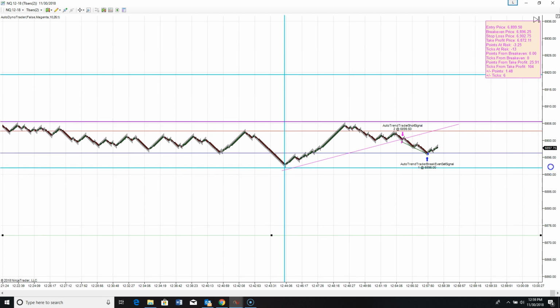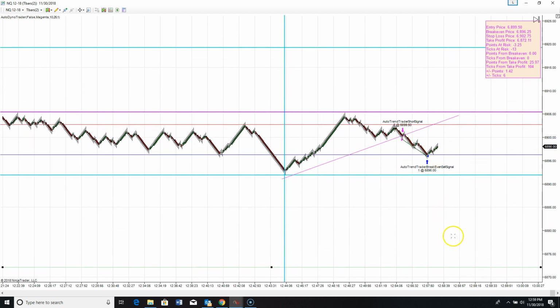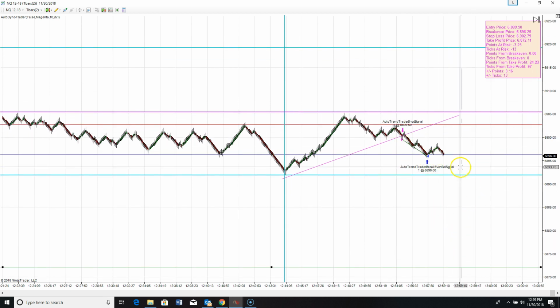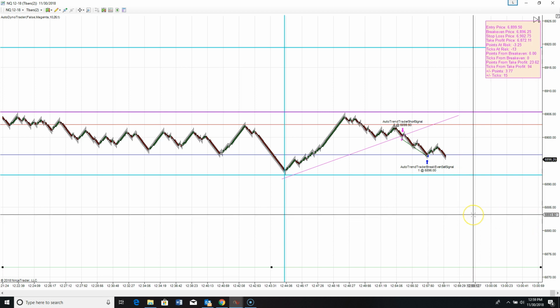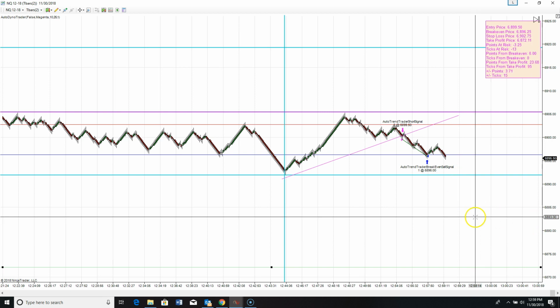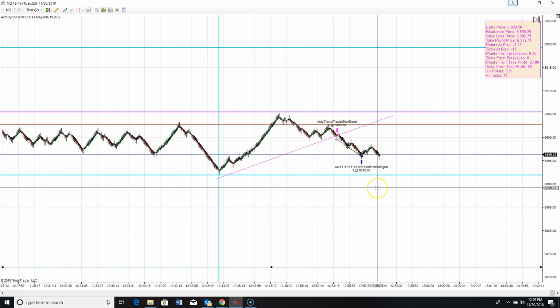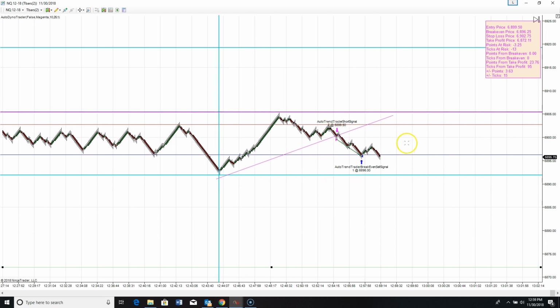So what I like to do, as price gets closer, right, and it looks like it's going to keep moving, I'll just manually start closing my stop in. So I can adjust this stop as well, which I'm not going to do right now. I'm going to leave it as it is for a second.